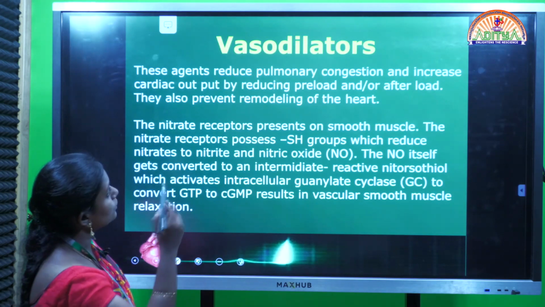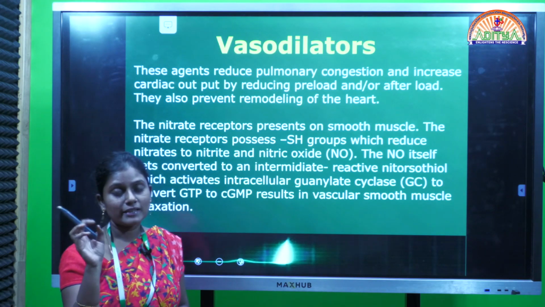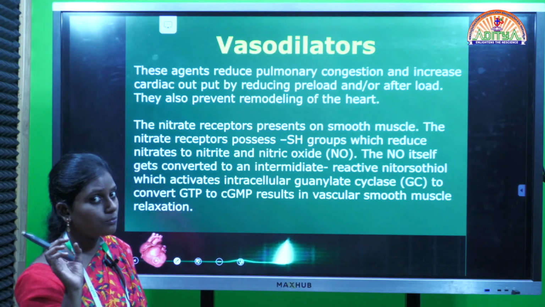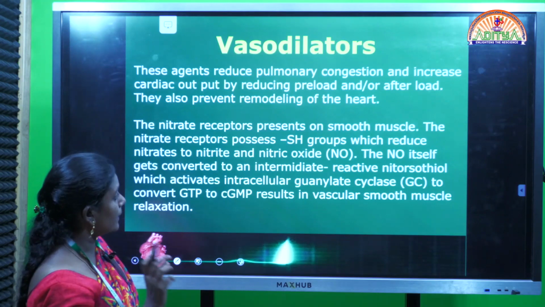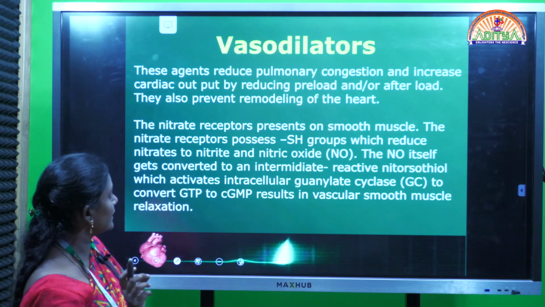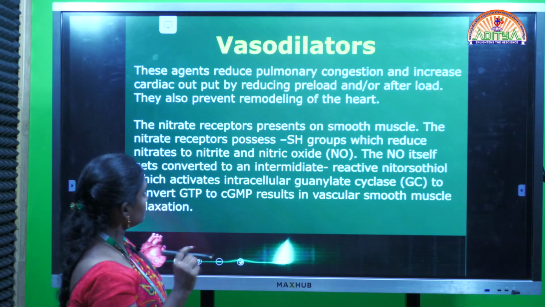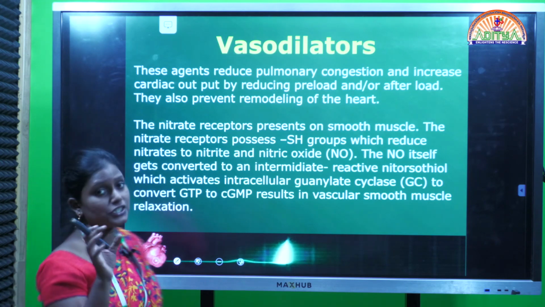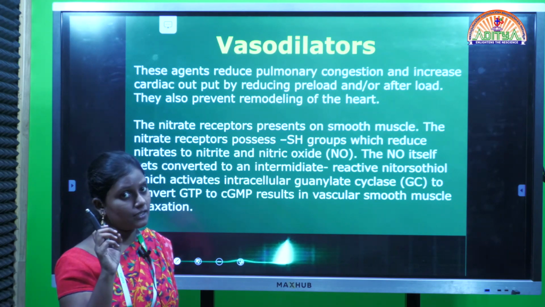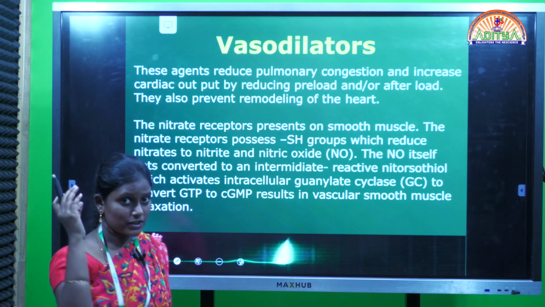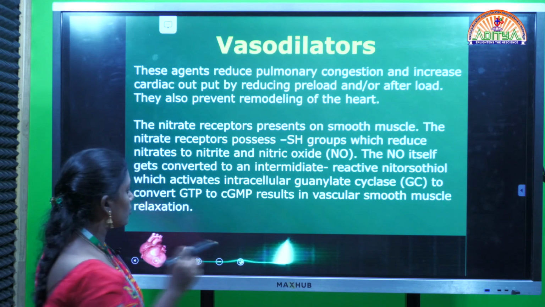Next, we are coming to the vasodilators. The name itself says that they will dilate the vessels, smooth vessels especially. So they are mainly involved in the dilation process. Because they are dilating the vessels, the pressure on the heart is decreasing.